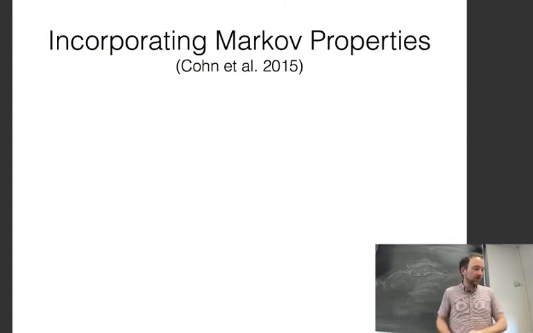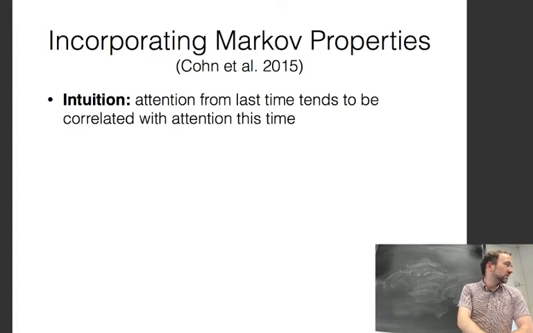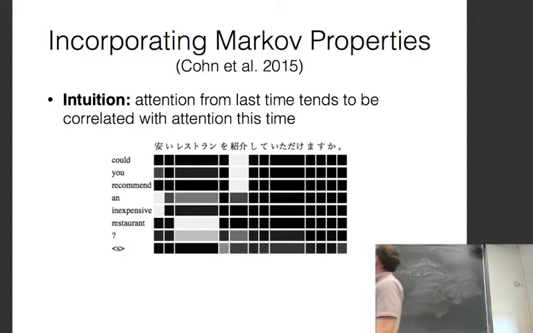Another thing you can do is incorporating a Markov property, and the idea here is that the attention from last time tends to be correlated with the attention this time. If you look at this example here, you can see that it attended to the same word 3 times in a row, the same word 2 times in a row, and the same word 2 times in a row.